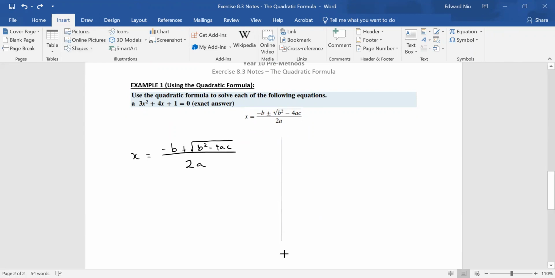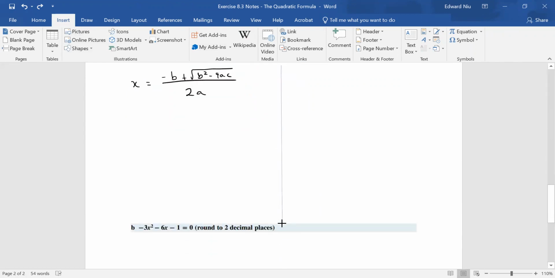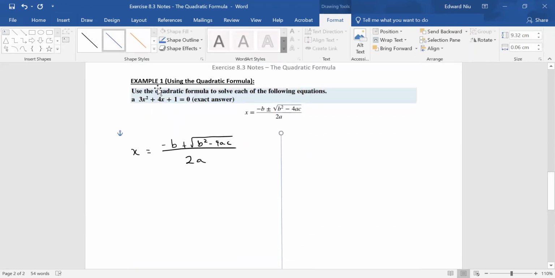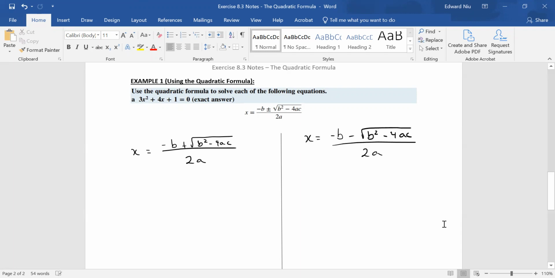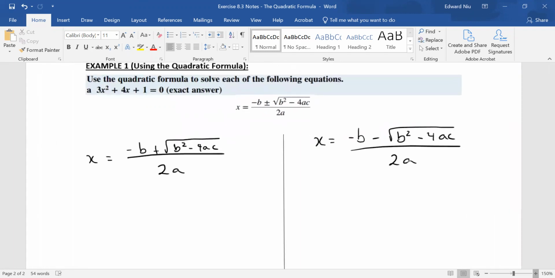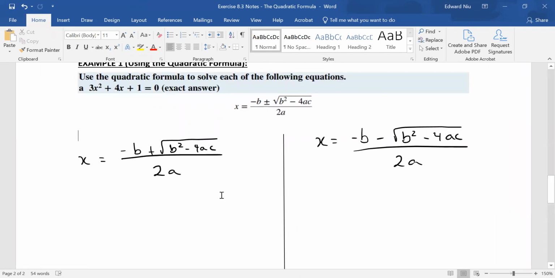On the right side, we'll have the same thing, but with a minus instead: x equals negative b minus the square root of b squared take away 4ac on 2a.